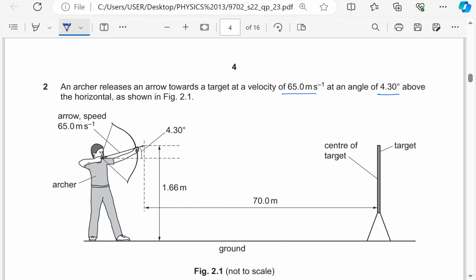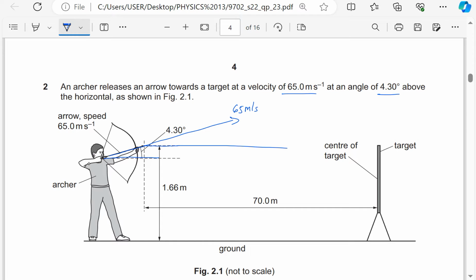The direction of the arrow is this one here, and the speed in that direction is 65 meters per second. So we have a horizontal line here. It is released from this point, so I would draw a horizontal line here.